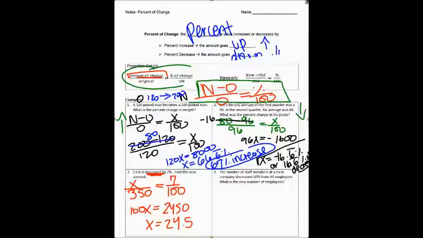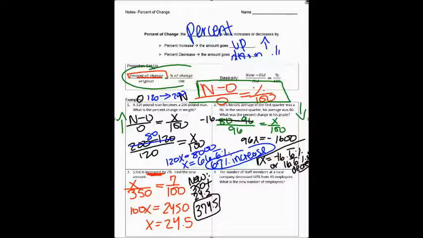So if we're increasing from 350 and the change is 24.5, we need to add the amount of change to the original, to the old. So the new is 350 plus 24.5, which will give us 374.5. That is our new amount. Okay?